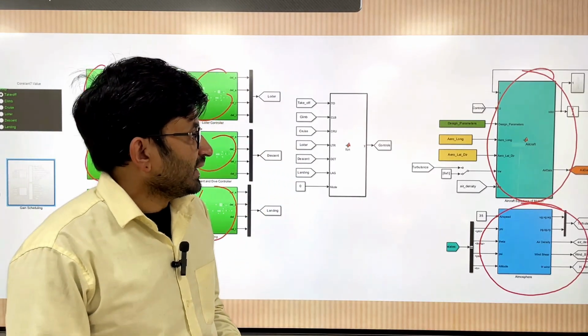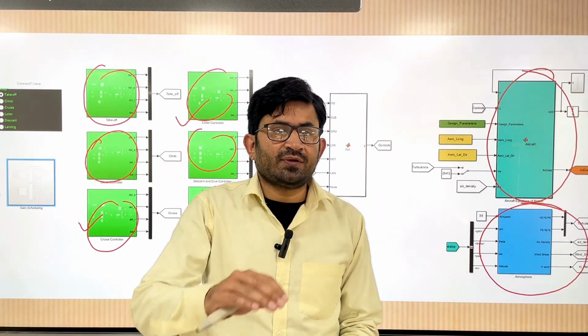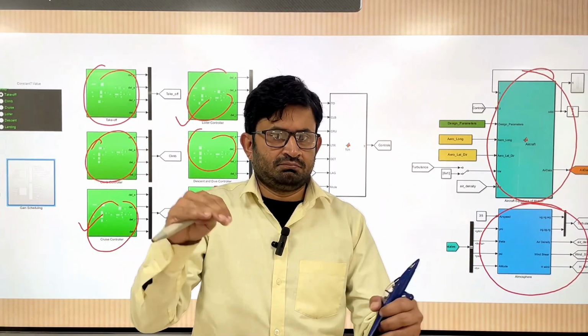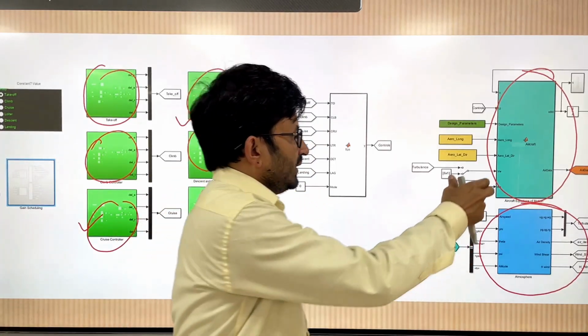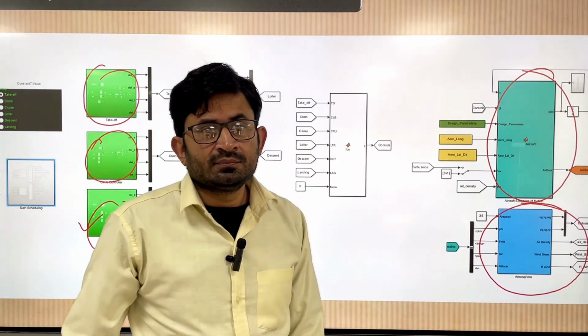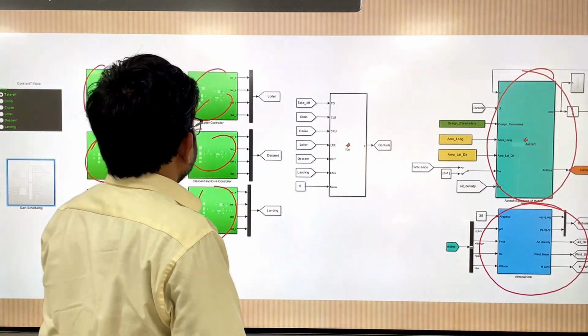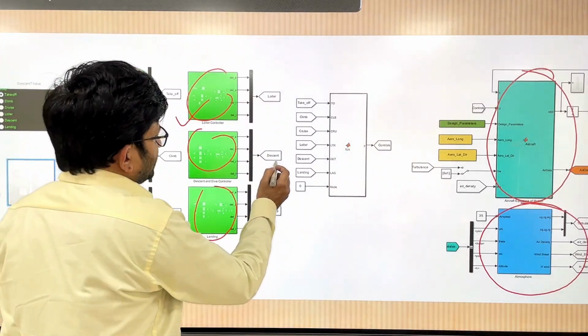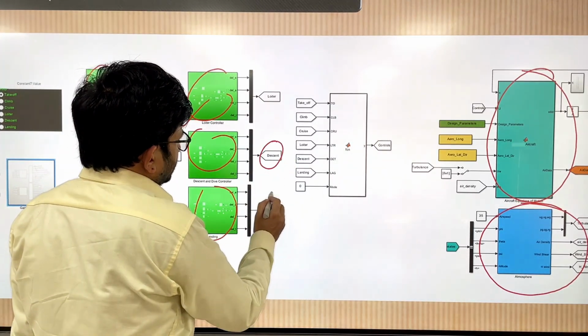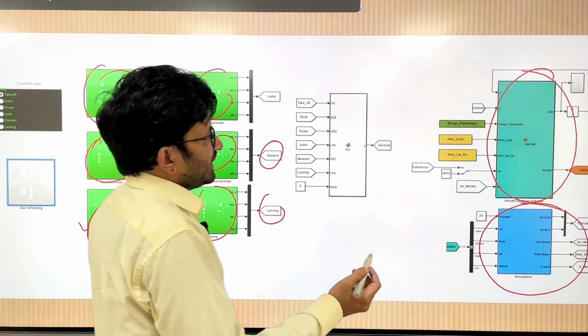But when you design the controller, you have to remove the transfer function and put the actual nonlinear model, and then supply the output. So what is this output? This is only the 4 primary controls, right?